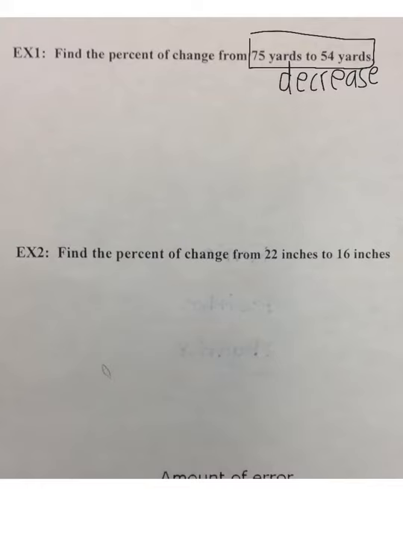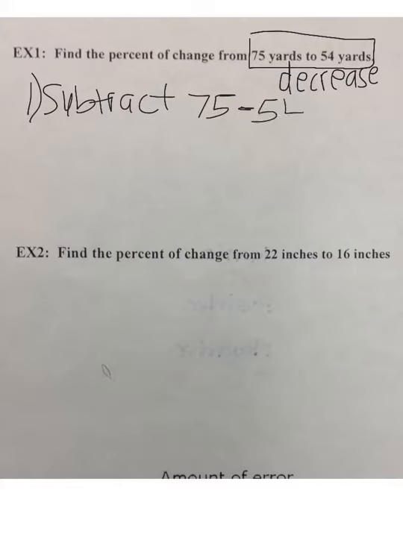So to find out what that percentage comes out to, we're going to write a ratio. The first thing we want to do is subtract. So I am going to do 75 minus 54, and that'll give me the amount of change. That's a decrease of 21. The second thing I want to do is put the amount of change over the original amount.